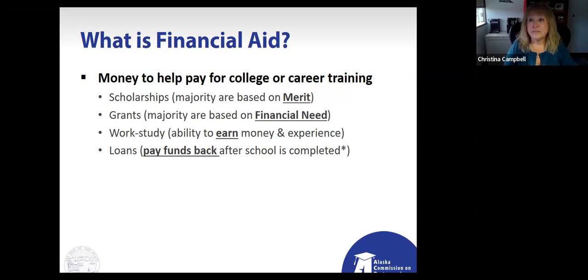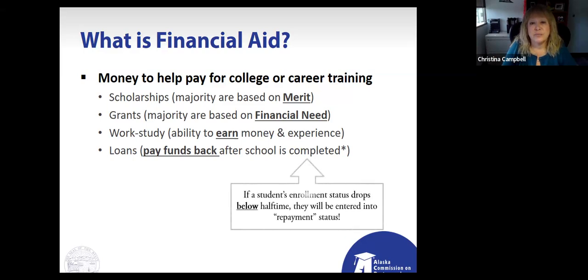Which means that if a student is eligible for work study and they only work 10 to 20 hours a week, we'll go into more detail on this later, but it usually means that most colleges would rather hire a student that is work study eligible versus one that's not, mainly because it saves them money, because it's being subsidized by some sort of government entity. And then loans, of course, are money that students borrow and they pay back with interest, and we'll go over that section as well.